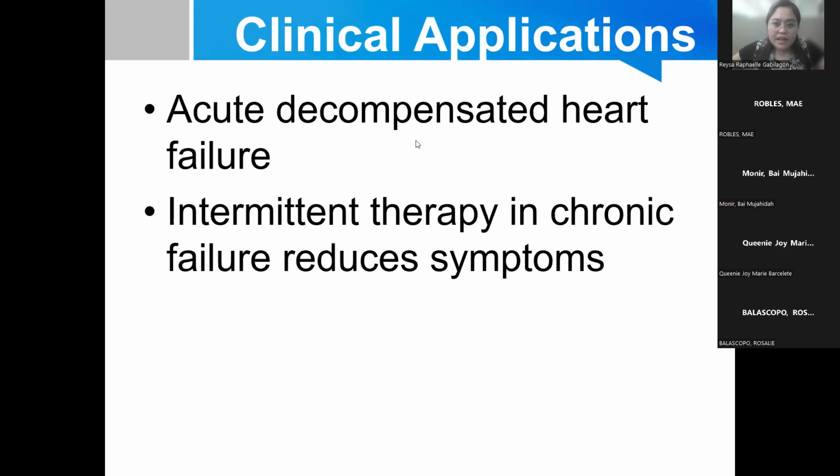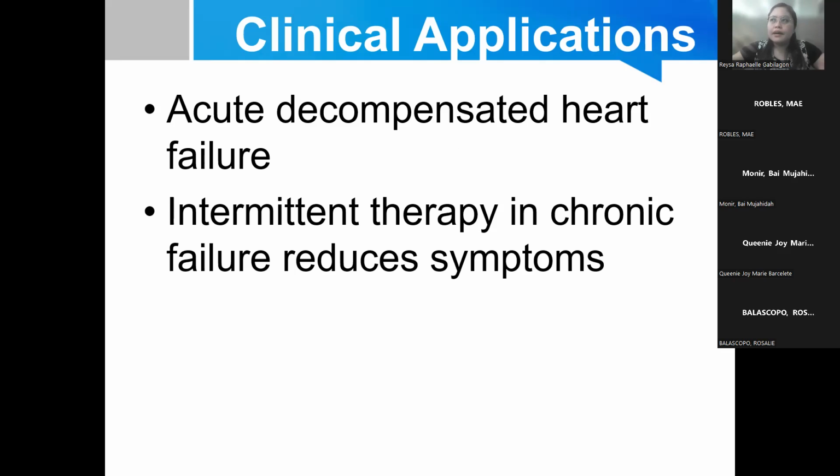But then, again, we don't use this as a mainstay drug for chronic heart failure. We just use this during acute heart failure, acute decompensated heart failure. So for example, in the case of the so-called heart attack, let's just use the term heart attack.